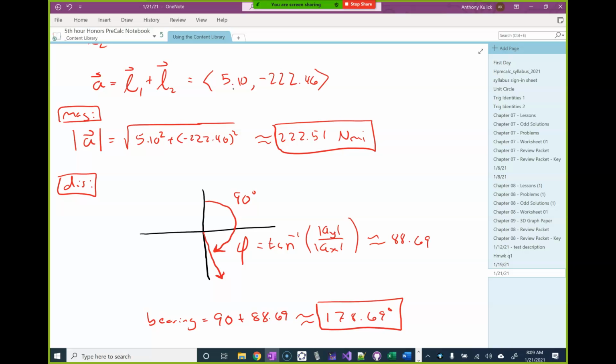Oh, yep. That would explain why you got an absurdly small angle, right? Yeah, you got the complement of that, like 1.31 or whatever. Yep, no problem. So remember the definition of tangent, y over x.